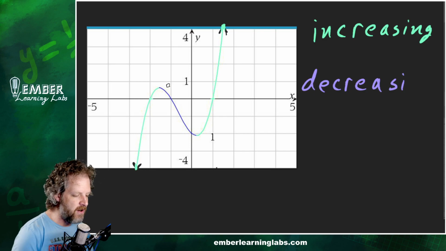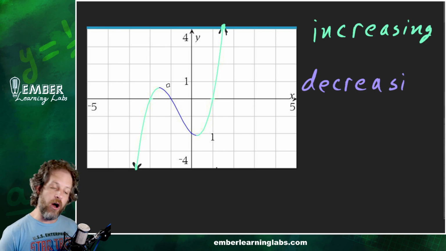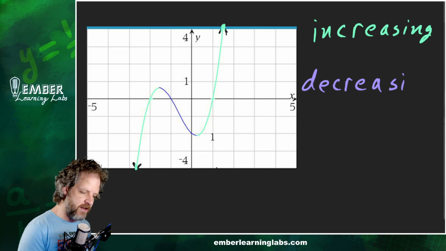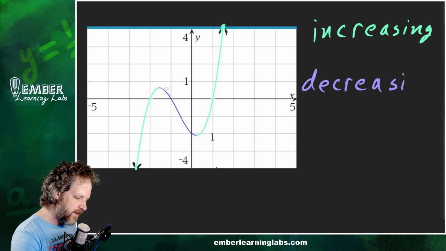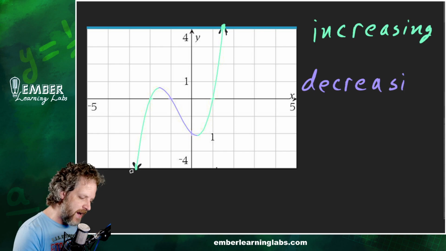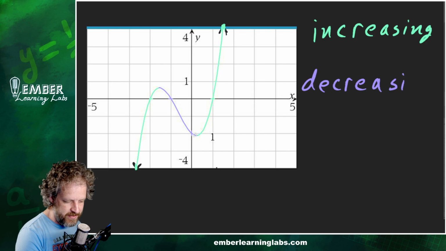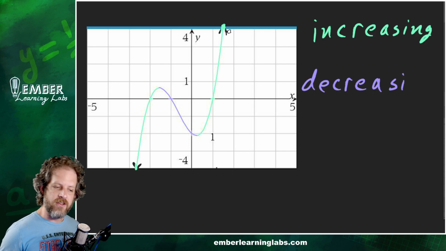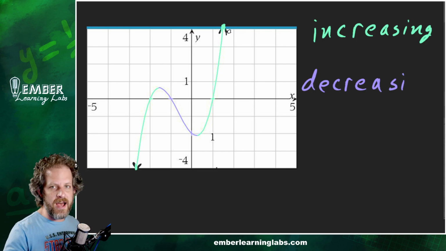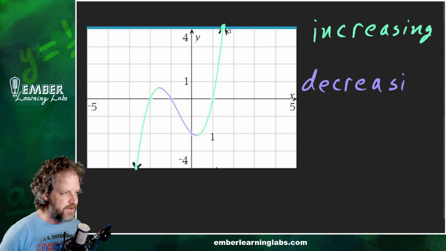So everywhere from there over, it's also going up. So the only place where this particular function is decreasing is from the top of this little bump right here and then going down. So we're reading it left to right. As we're going from left to right, it's increasing, increasing, increasing, and then decreasing, decreasing, decreasing, and then increasing again. So we're talking about going up or going down, and we're reading it left to right.